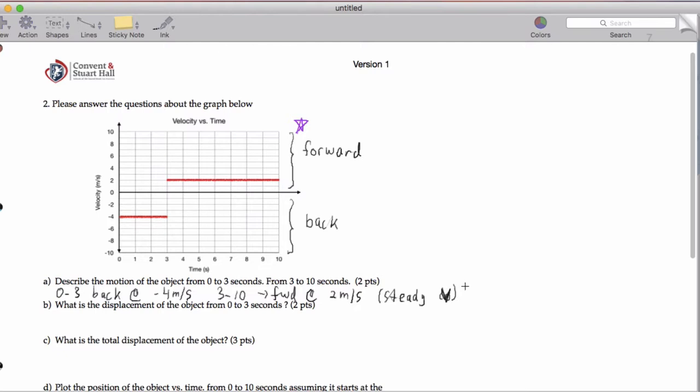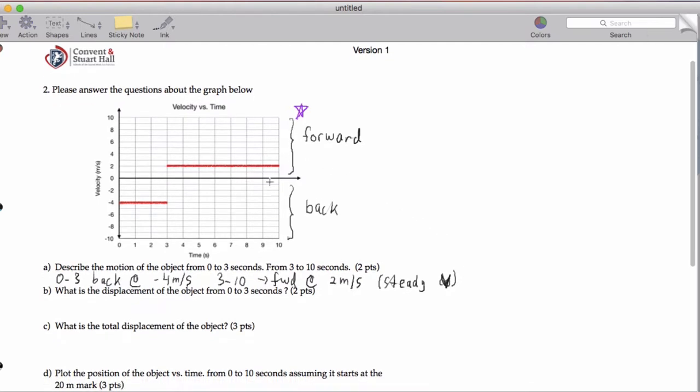Okay. Now, the displacement of the object from 0 to 3 seconds. To be clear, to get the area, I draw a line from this t-axis, this time axis, to the curve. So I'm going to calculate the area here. The area from 0 to 3 seconds is the area of a rectangle. I'm grabbing this formula from the front of the test.